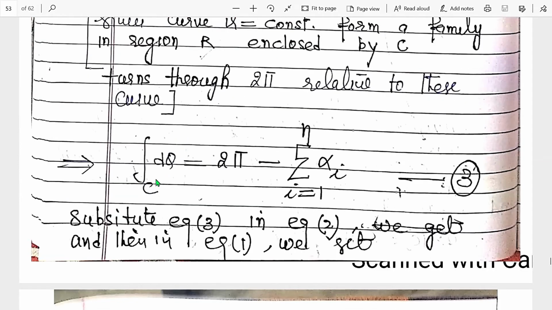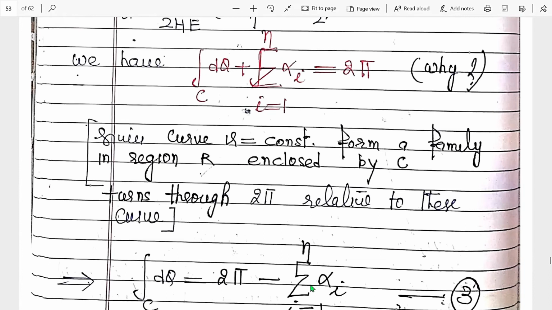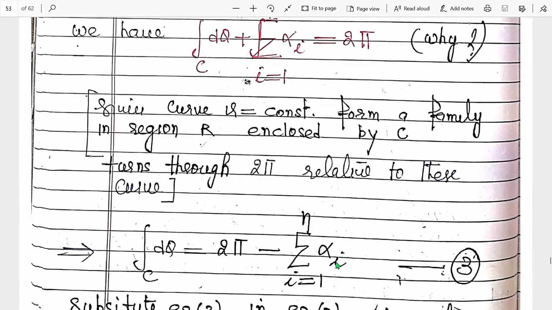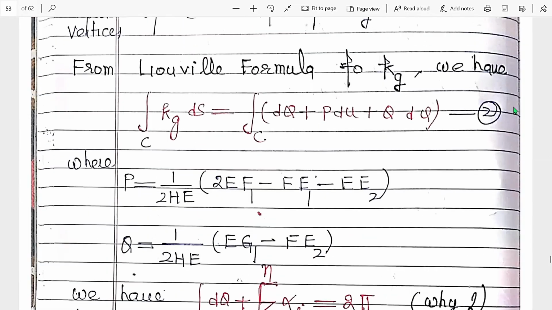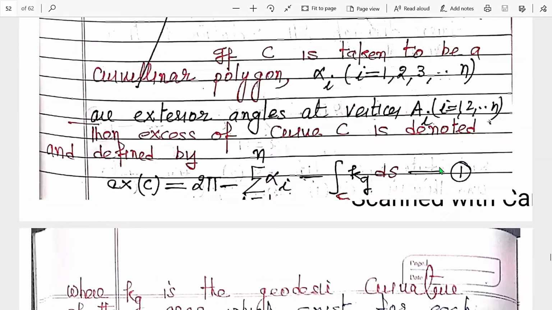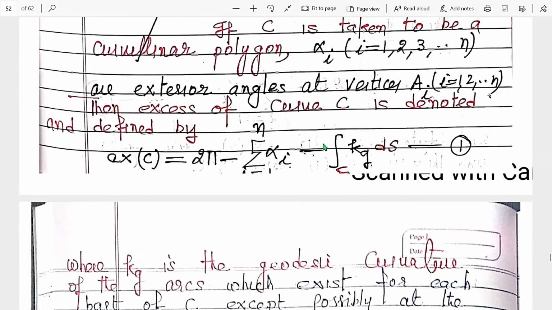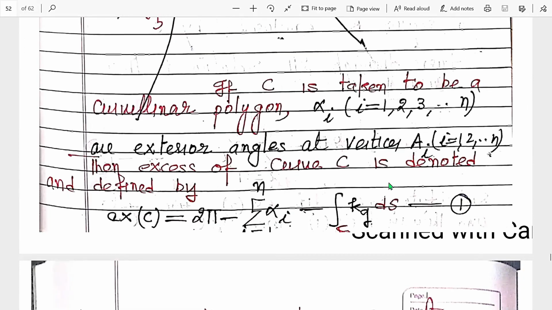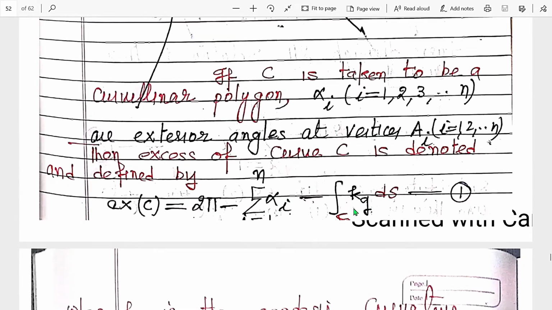In place of this we get the value 2 pi minus the summation of alpha I. Now take the value of equation number 2 in equation number 1. Then substitute these values in this equation, and this will cancel out.